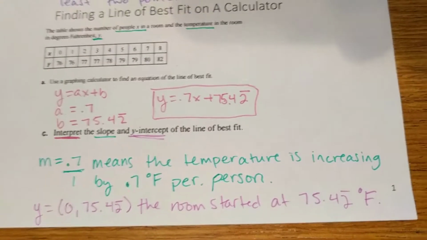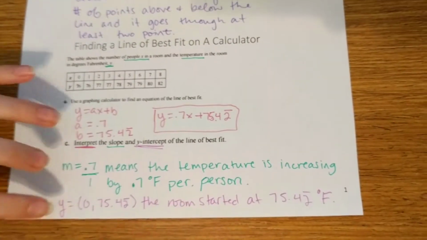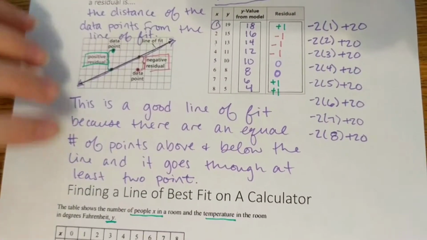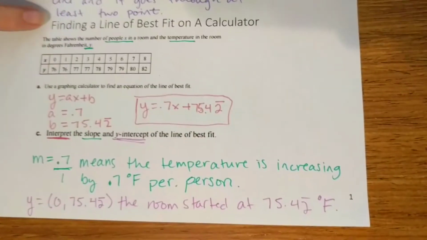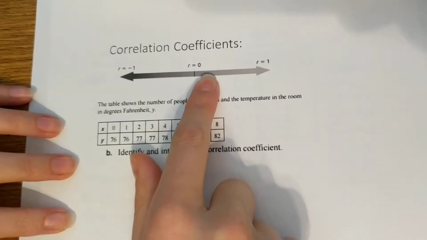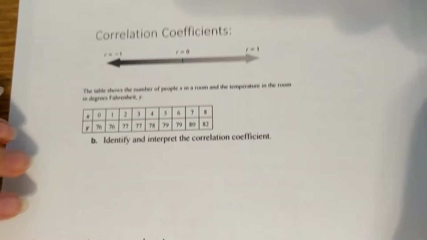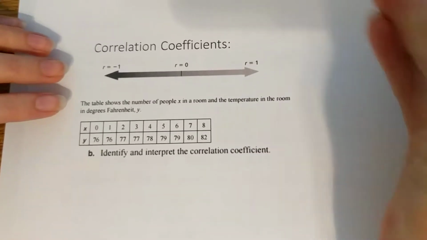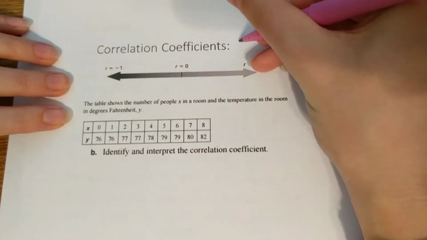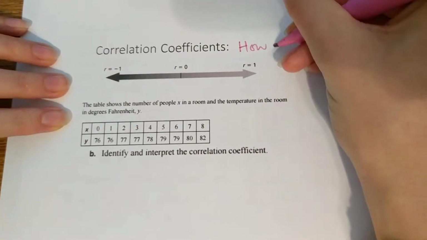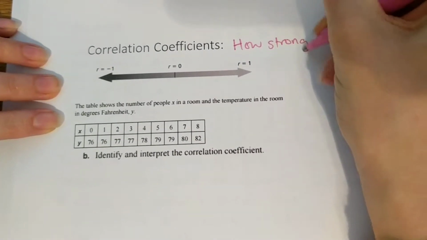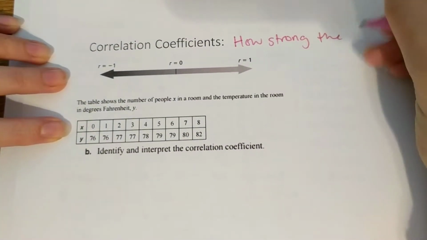Another important piece: just like when we did residuals, our calculator figures out something similar, called the correlation coefficient. What the correlation coefficient tells us is how strong the correlation is.